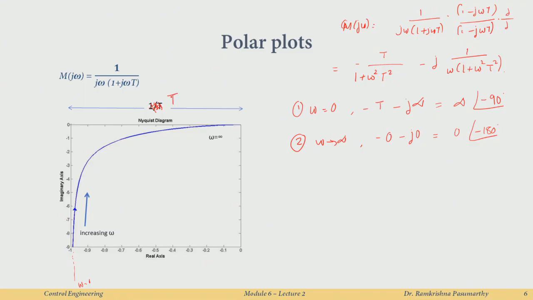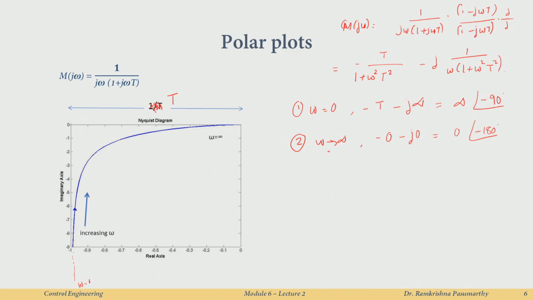Sorry about that. So the real part touches this line minus t asymptotically. So this is the phasor, minus t minus j infinity. At infinity I just asymptotically touch this line. The real part is t and the imaginary part goes to infinity.